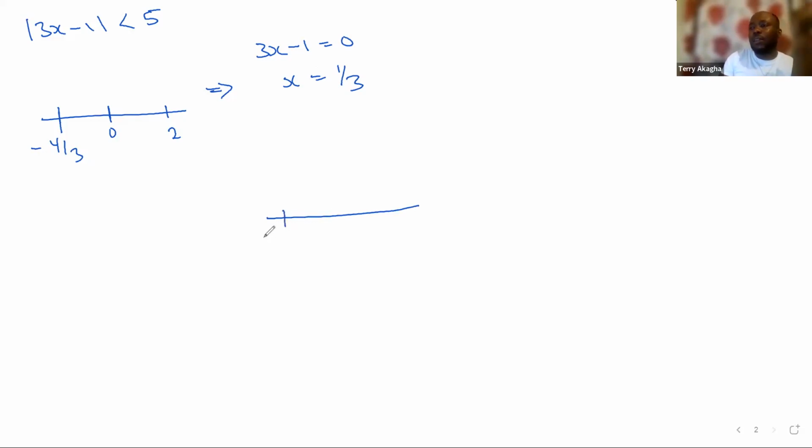So I know that it is minus 4 over 3. I know it's going to be 2. Then we said this is 0. So 1 over 3 is going to be here. From this point now, let me make it a little bit to scale to make a bit more sense. So we have minus 4 over 3, that's about 1 point something. So this is going to be 0.